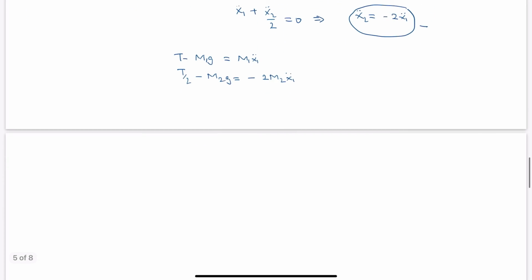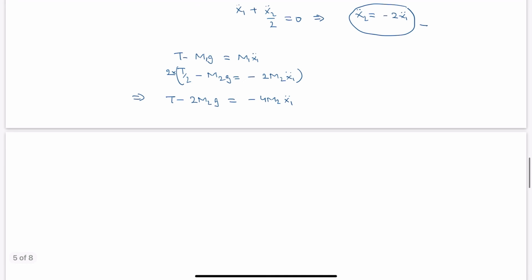So yeah, let's multiply this by 2, so it will be T minus 2 m2g equals minus 4 m2 x1 double dot, right? So let's multiply by negative and add both of them.